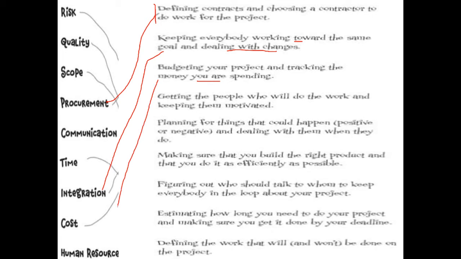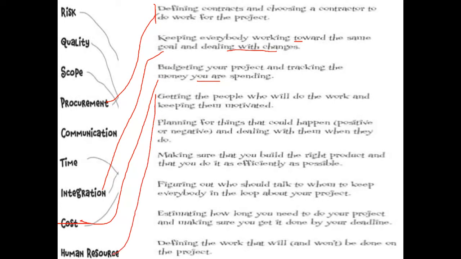That would be the cost management. So these are various aspects which are covered, even though we are focusing a bit more on scheduling and cost, but it is important to be aware that the total project management effort is much broader, getting the people who will do the work and keeping them motivated.